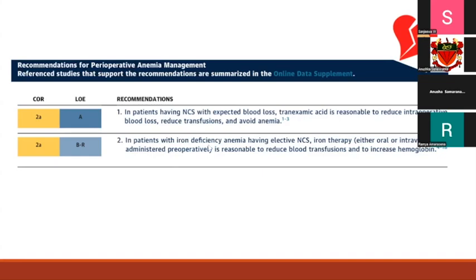In the recent guidelines, it is highlighted that recent studies have failed to find any additional benefit of maintaining a target hemoglobin of 10 instead of 8. So we can maintain 10 or 8 depending on the patient's conditions.